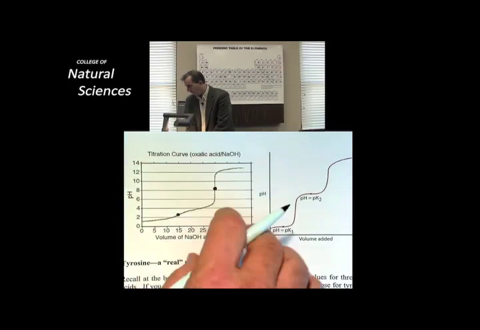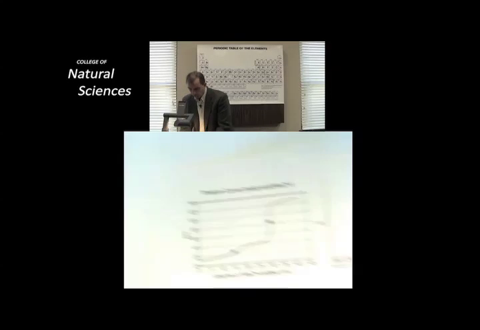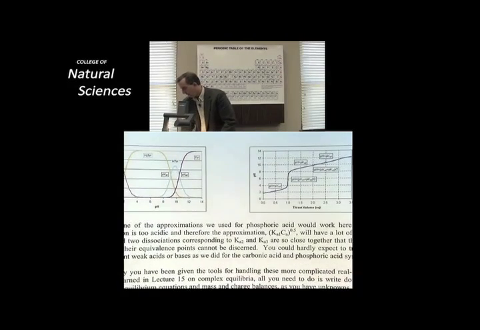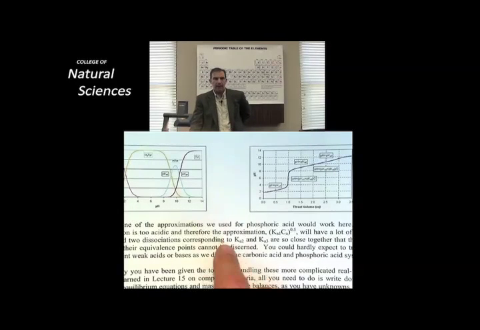Let me show you, in fact, one of the very first compounds that we started with, which was an amino acid. So as we take a look at this amino acid here, we have 3 pKs to deal with.